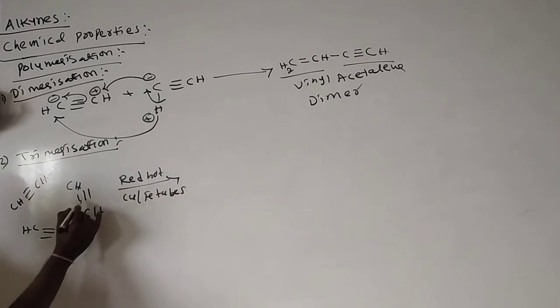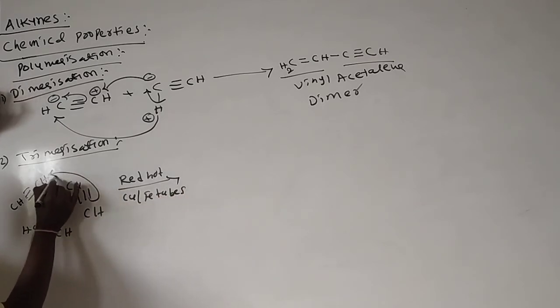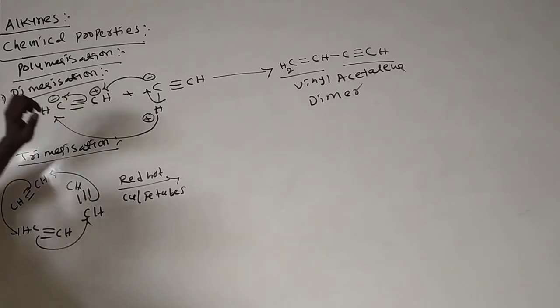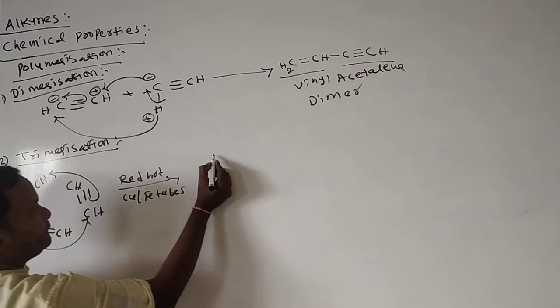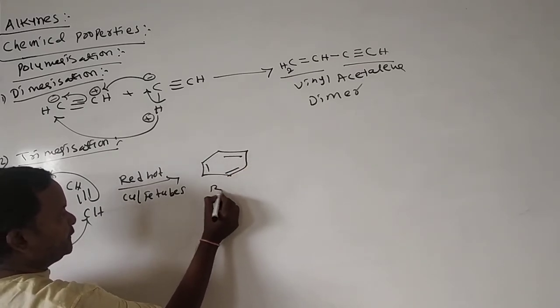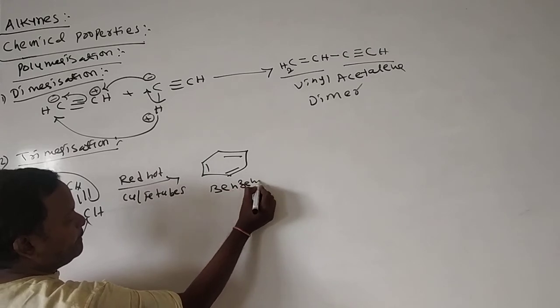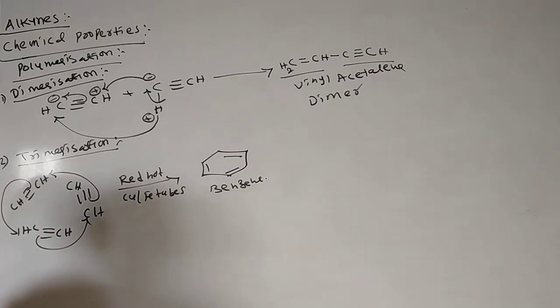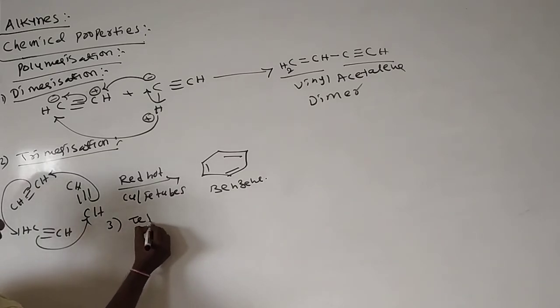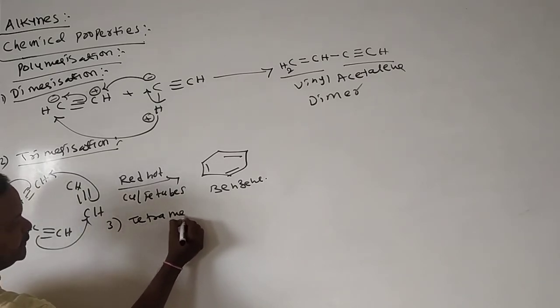What happened? This pi electron transfers towards this carbon, this pi electron transfers towards this carbon, this pi electron transfers towards this carbon, and finally forms benzene. This is the trimerization. We'll see tetramerization.